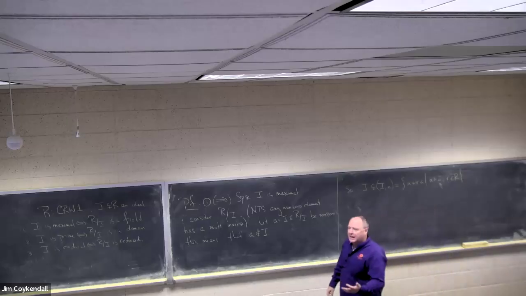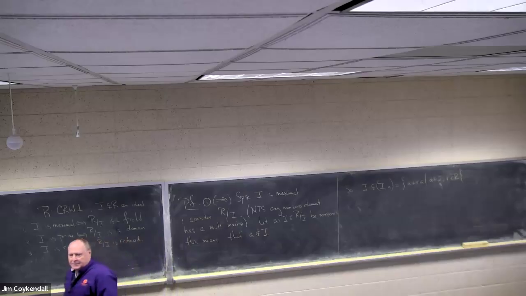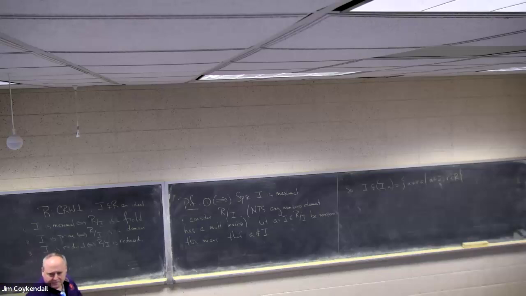Now, what do we know about the ideal I? It's maximal. So if the ideal generated by I and A is strictly bigger than I, what must be true of it? It has to be the whole ring.